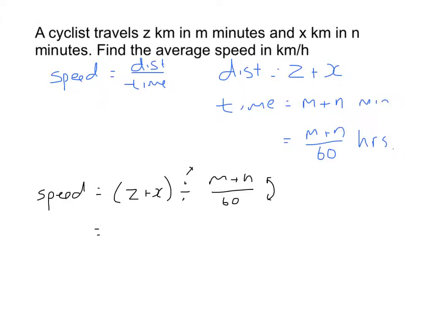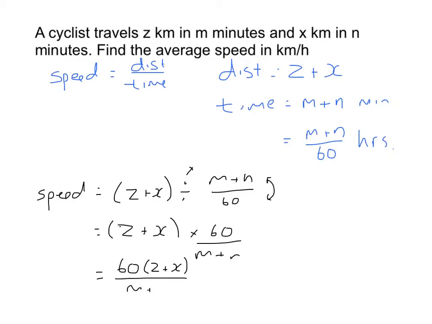So this will be equal to z plus x times by 60 over m plus n, which will be rewritten as 60 z plus x over m plus n. And that's how that one's done. Okay.